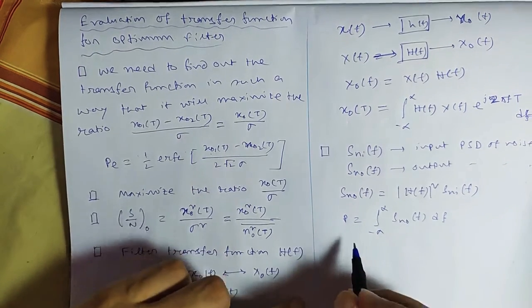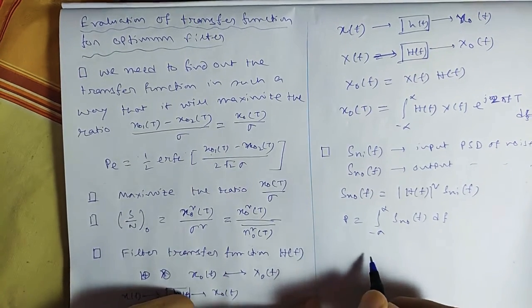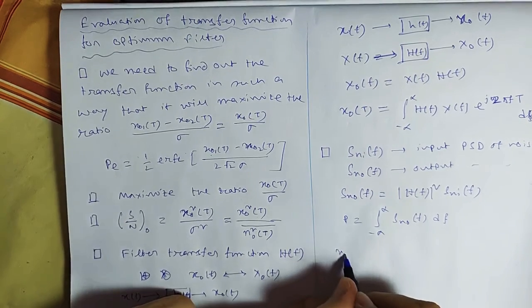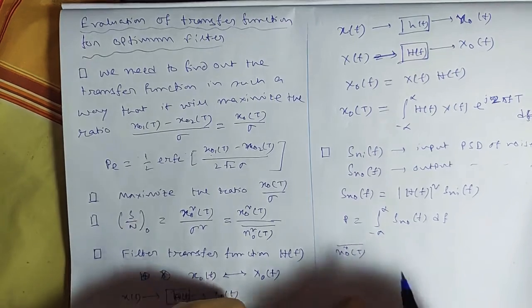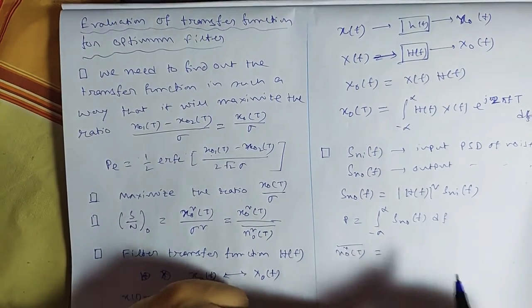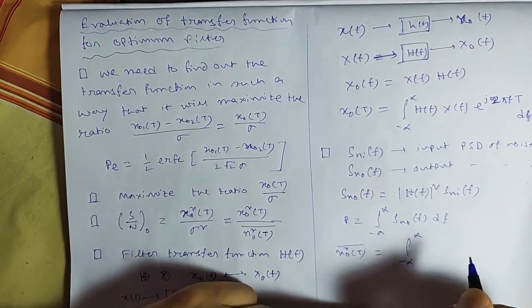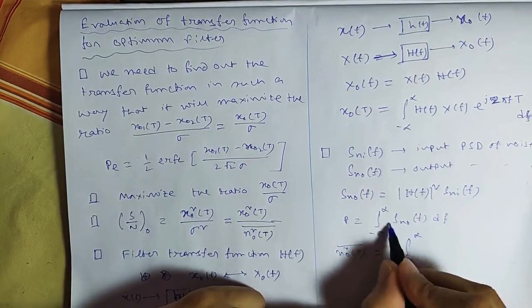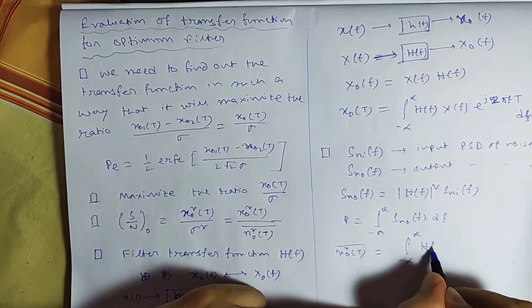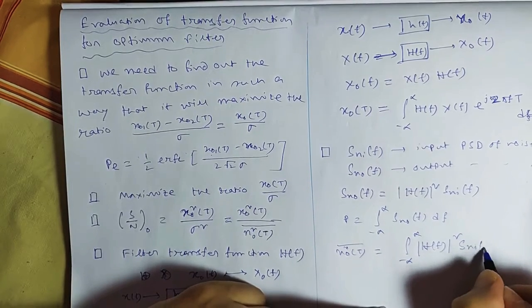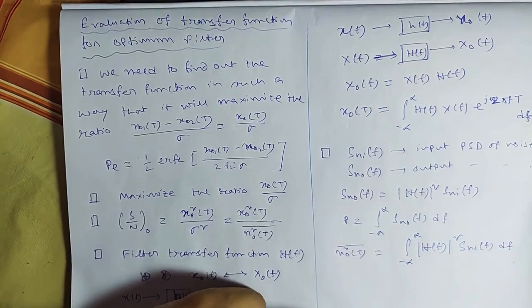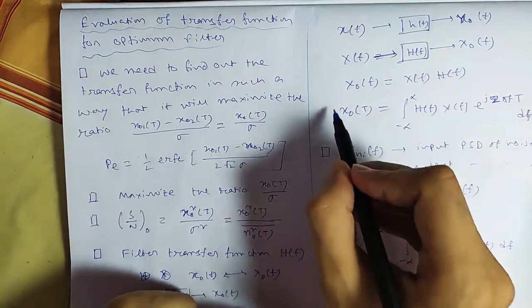So we have both components. So n0 square (t), the mean square power, equals the integral from minus infinity to infinity, and SNO(f) we already know. So we'll use these two expressions.